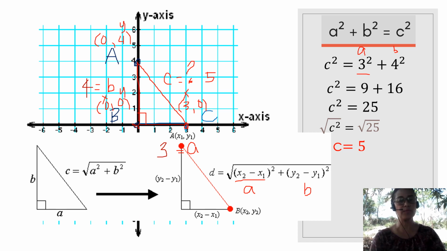So 4 minus 0, and it gives you the length of AB, which is 4. So simply, the distance formula was derived from the Pythagorean theorem. So let me move on now to using the distance formula in solving distances in my next example.